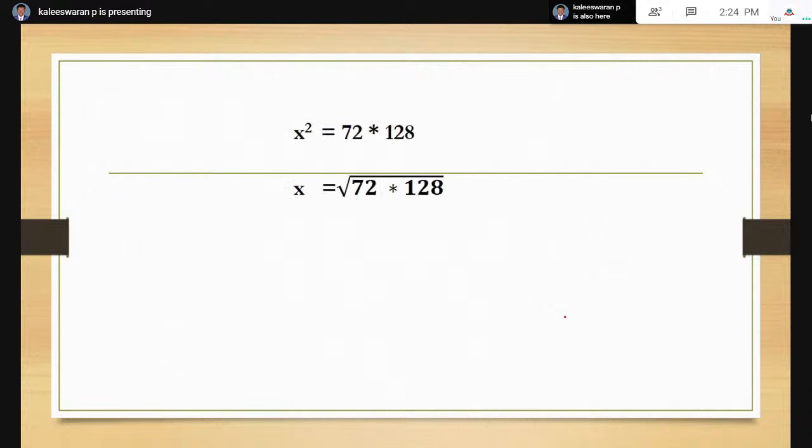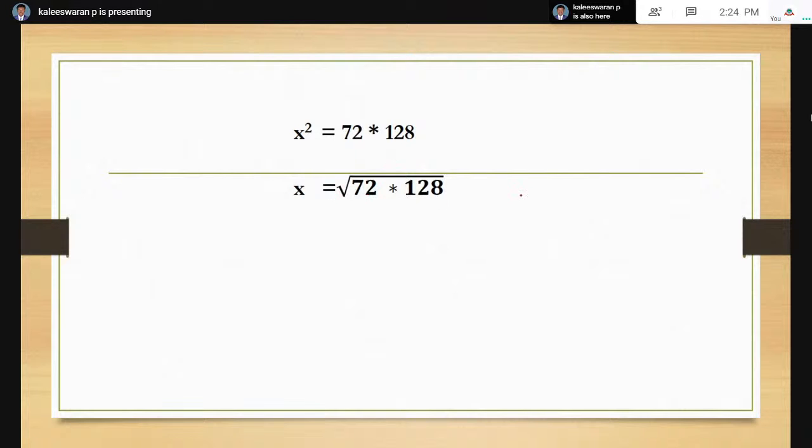The next, x square equals 72 into 128. Now x equals root of 72 into 128. Okay, how to approach this problem through aptitude?